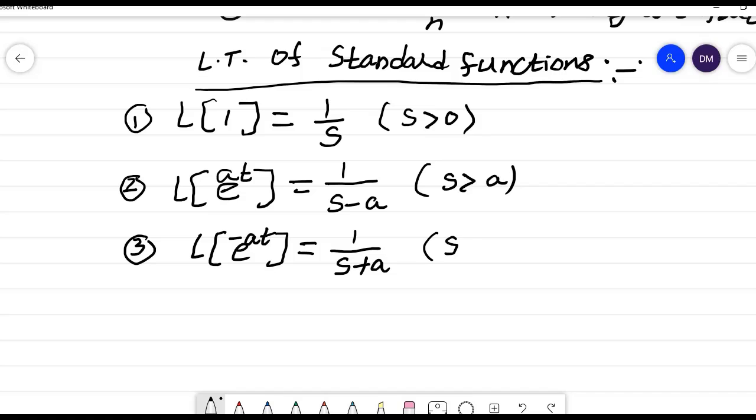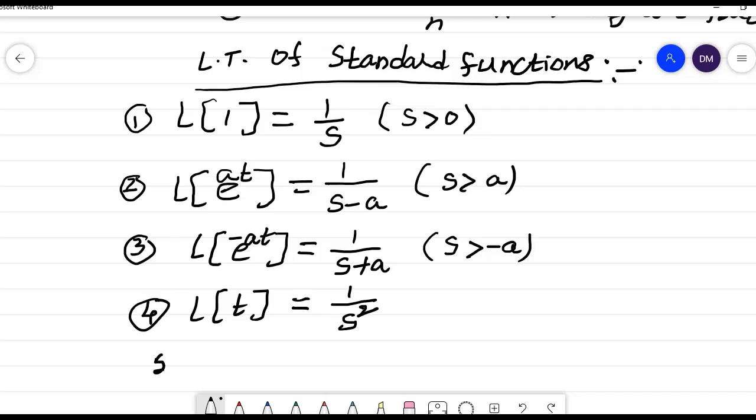Here s is greater than minus a. The fourth one is Laplace transform of t. Laplace transform of t is equal to 1 by s square.